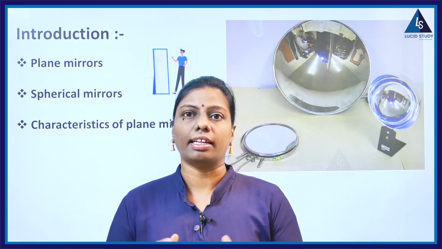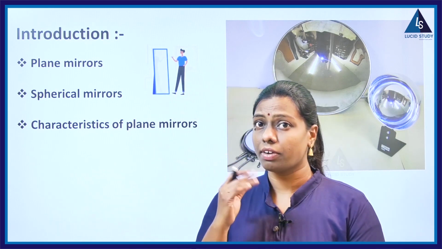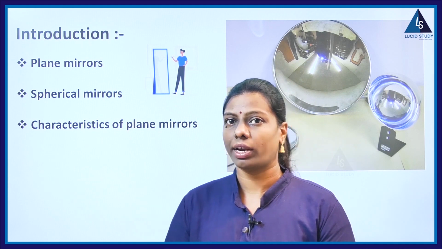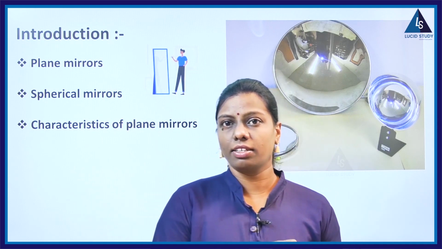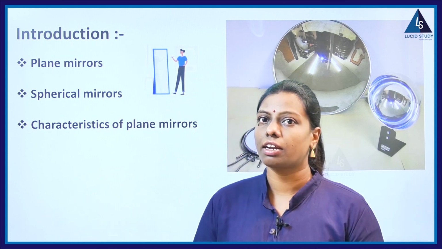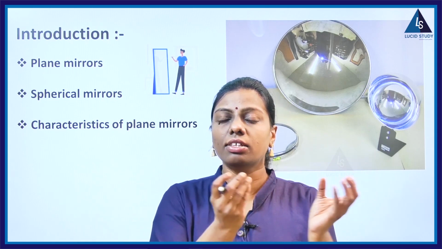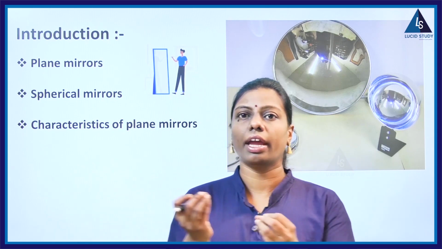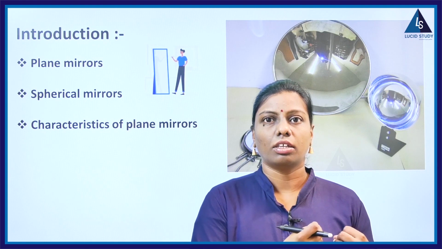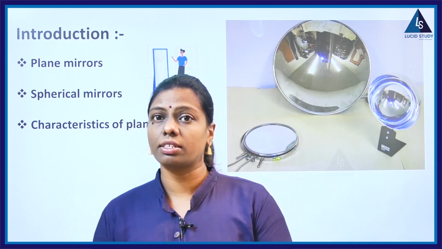Okay, so these are the characteristics of the plane mirror, and a plane mirror will have two surfaces. What are those? Reflecting surface and coated surface. The reflecting surface is where light incident on it gets reflected back. And what is the coated surface?